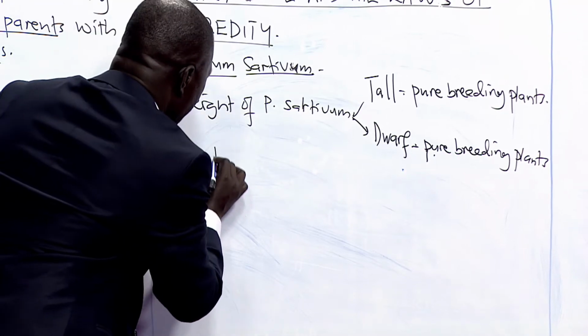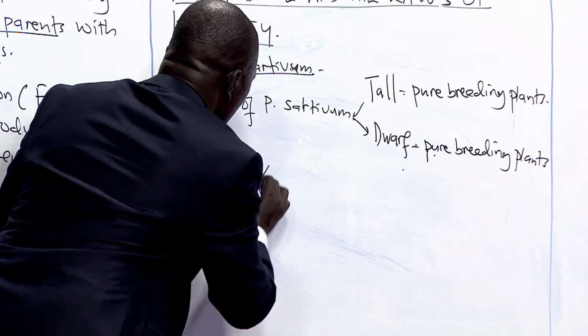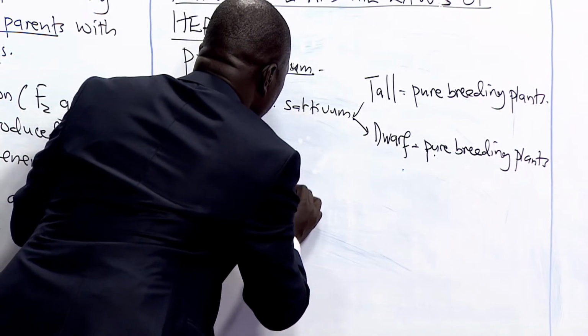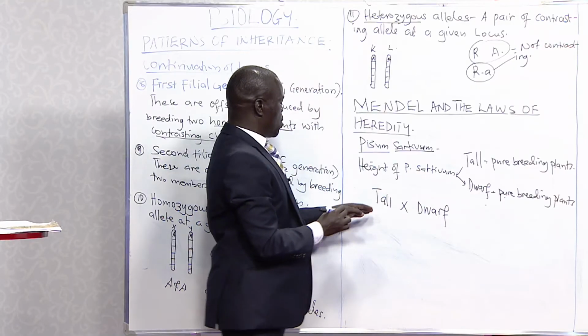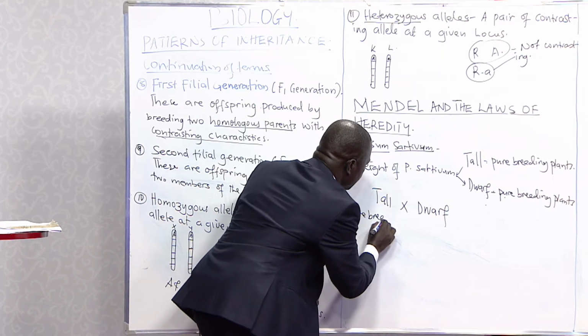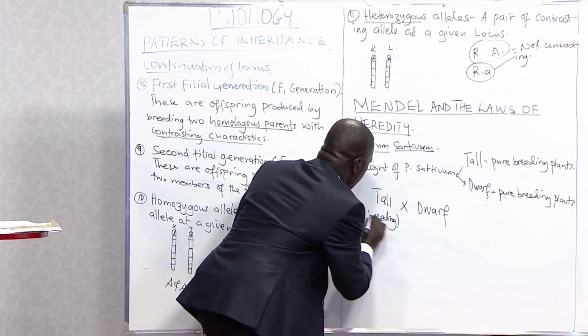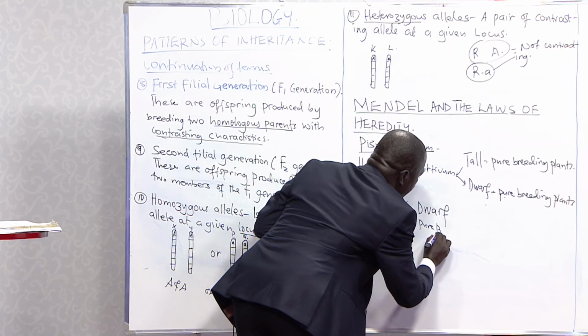If I cross-pollinate the pure breeding tall plant with the pure breeding dwarf plant. All this, remember, we are talking about pure breeding.